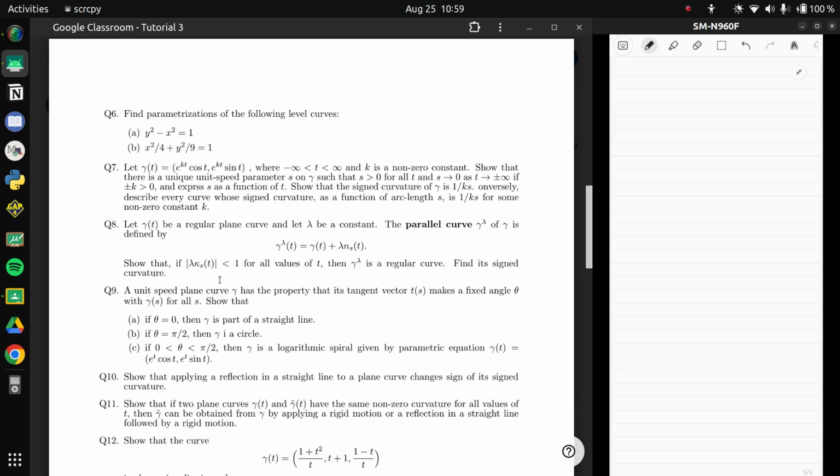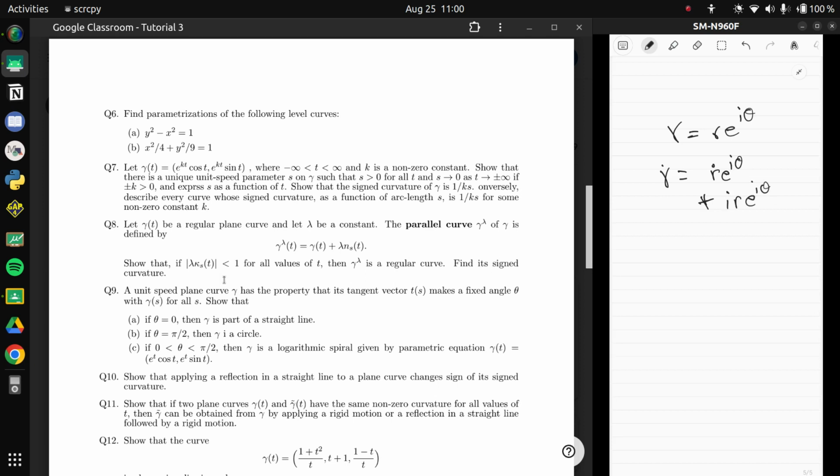Yeah, you could be doing that. So let's try doing it like that. Let's just say that your gamma in fact is more like r e power i theta, because it's all plane curves in any case. So then your gamma dot would be something like r dot e power i theta plus i r e power i theta.